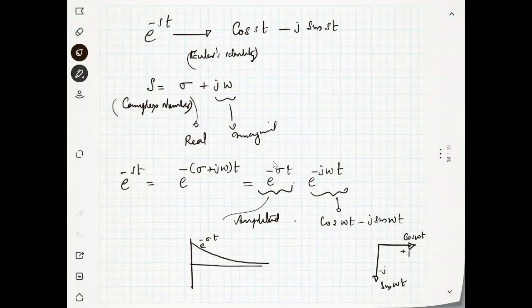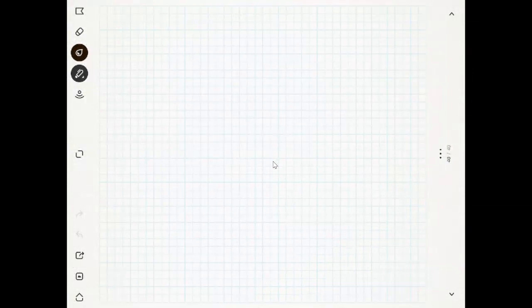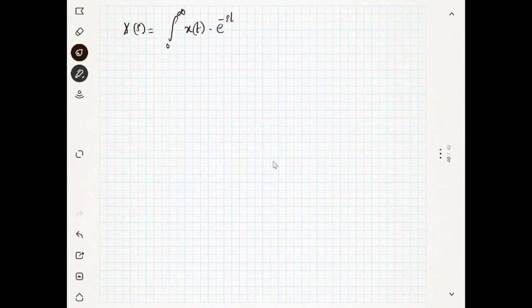You can see here when I do this kind of operation, if I find X of s, which is nothing but the integral from 0 to infinity of x of t multiplied with e power minus st dt, what I am doing is the integral of x of t into e power minus sigma t multiplied with cosine omega t, minus j into e power minus sigma t multiplied with sine omega t.